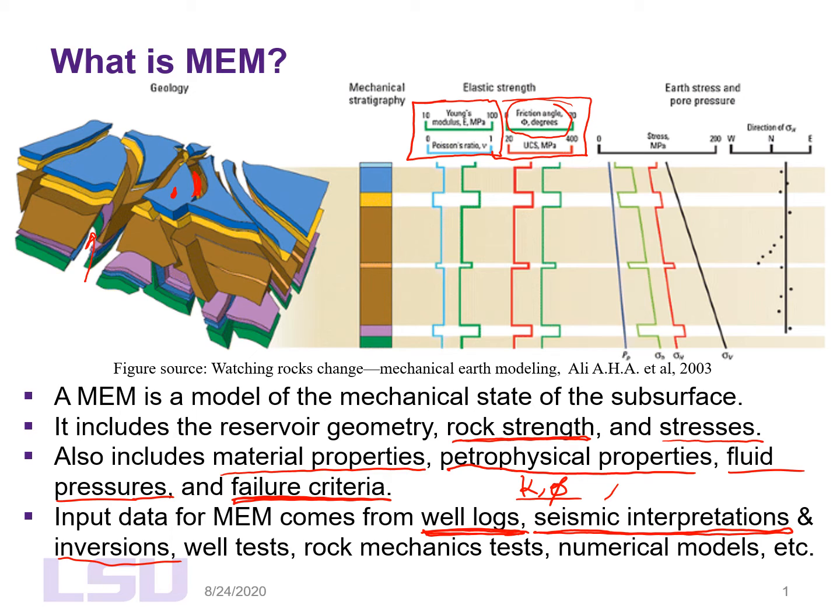When you hear the word seismic, it's all about acoustic sound. So we send sound waves down to the formation of interest. It gets reflected back to the surface, and we measure that travel time. Then we take that data and we interpret it, and we can figure out the geometry of your reservoir. We invert it, we can calculate the rock properties.